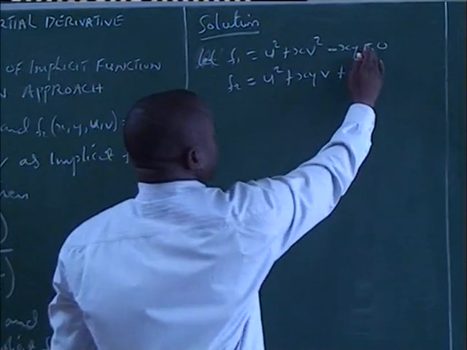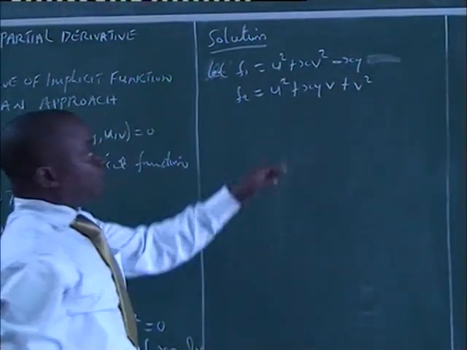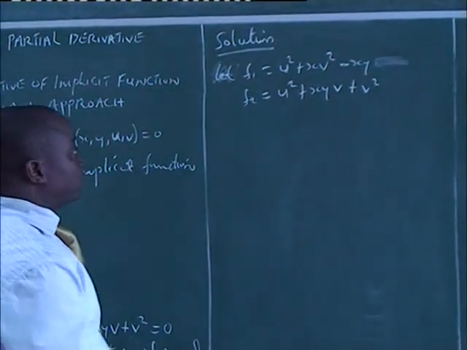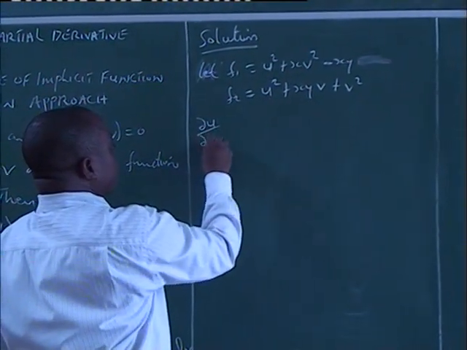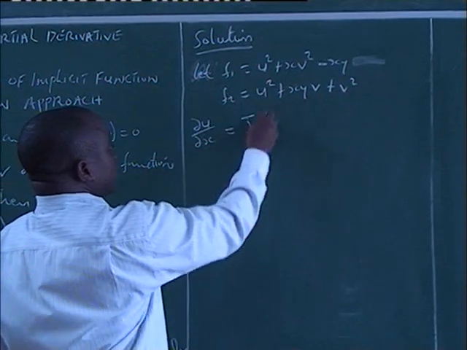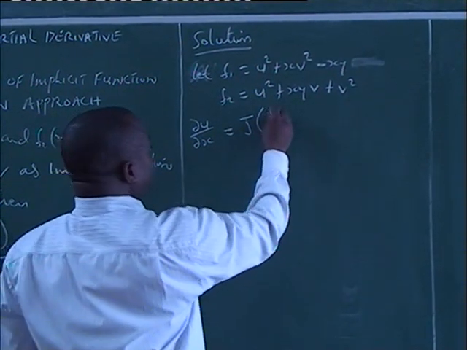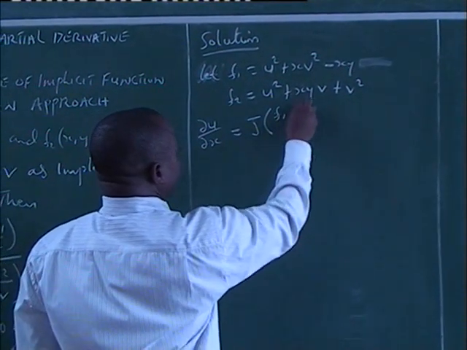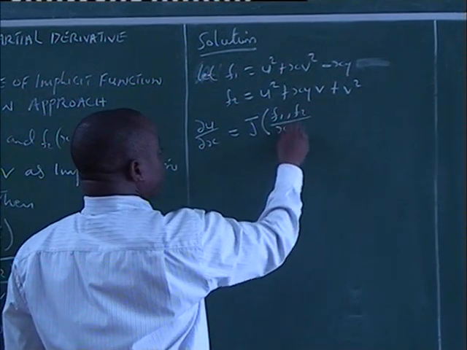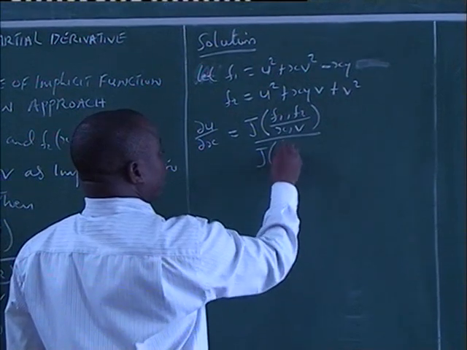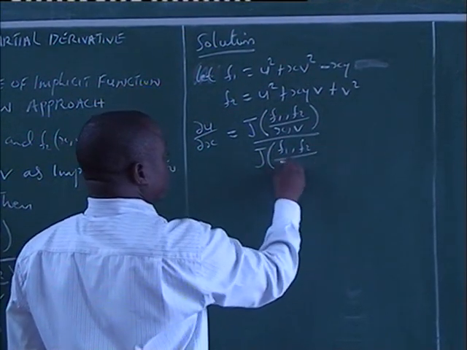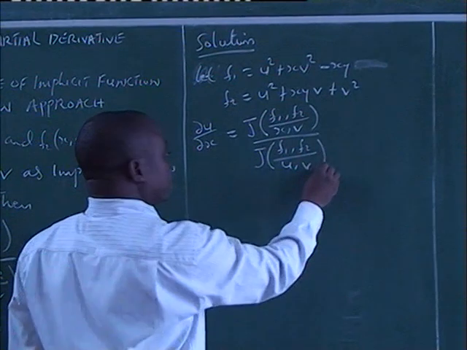Okay, so we have these two now. Now, we have said that partial u partial x will be equal the Jacobian of f1 f2 with respect to x, v divided by the Jacobian of f1 f2 with respect to u, v.